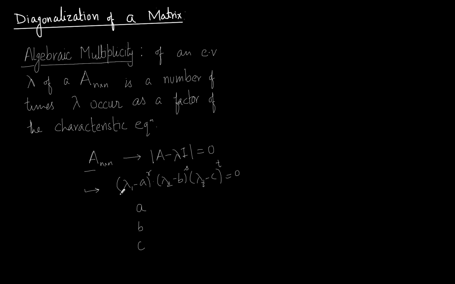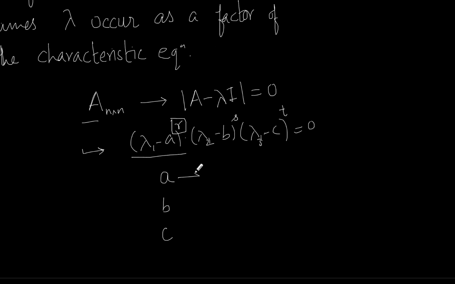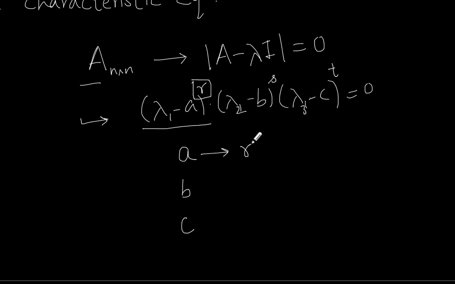So if you see that this factor is appearing R times, it means the algebraic multiplicity of the eigenvalue A is R. Similarly, for eigenvalue B, it is appearing S times in the characteristic equation as a factor. So the algebraic multiplicity of the eigenvalue B is S, and for C it is T.